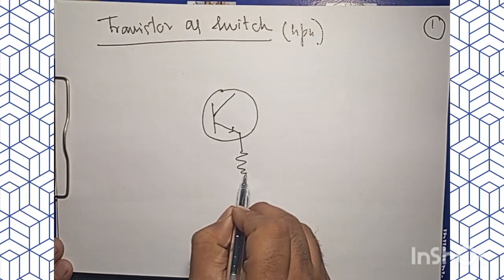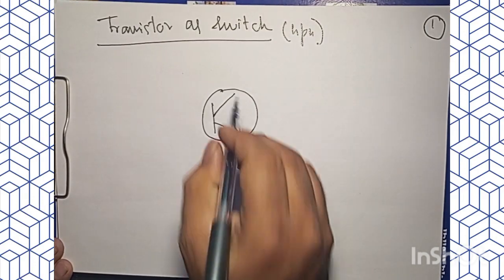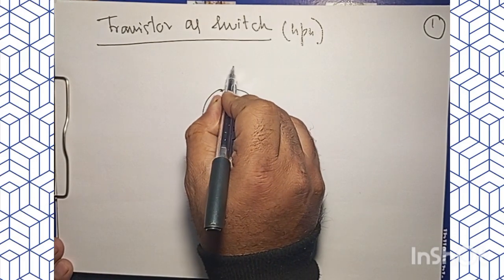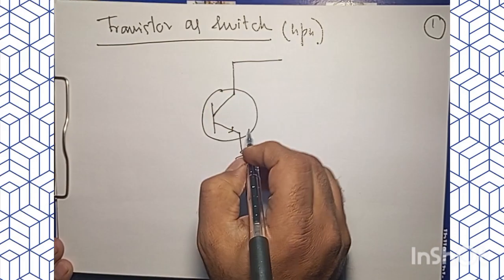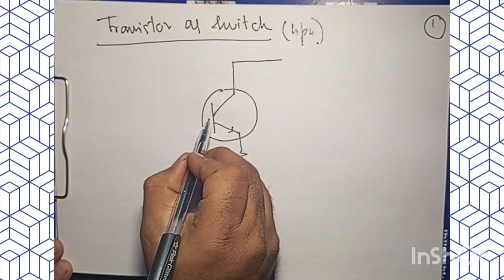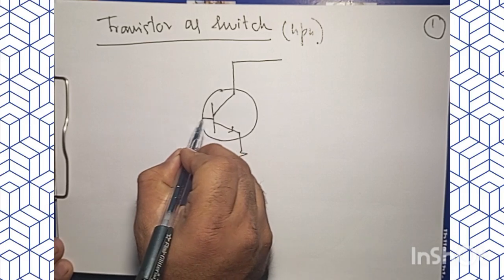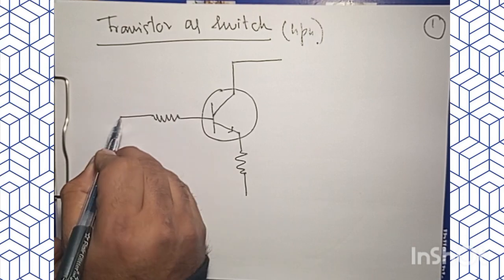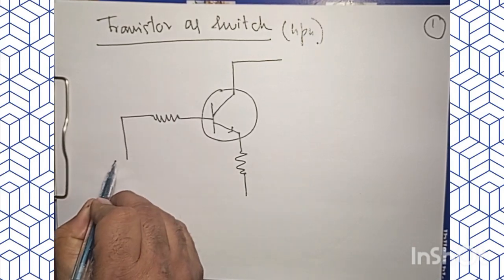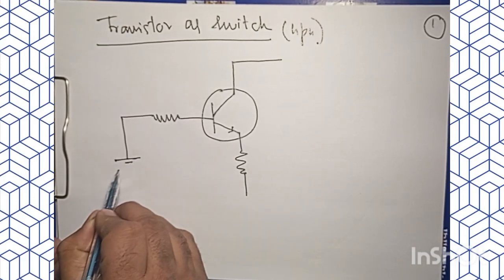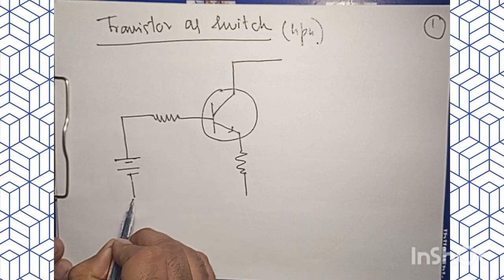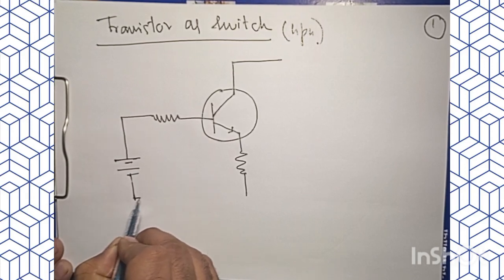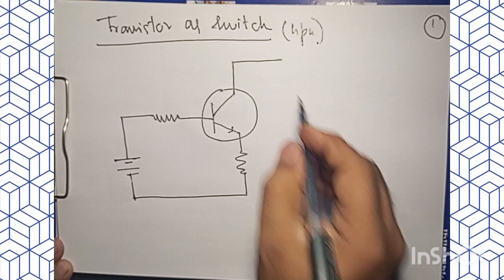Here is the emitter, here we have the collector, and this is the base. Let's have some resistance, and then we have to bias it, so this must be positive, and this must be negative, and we'll join it like this.